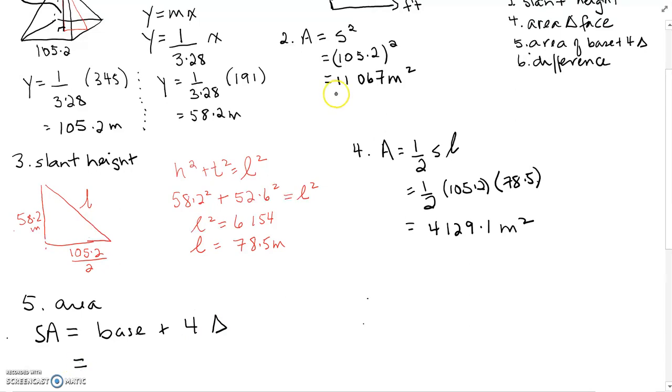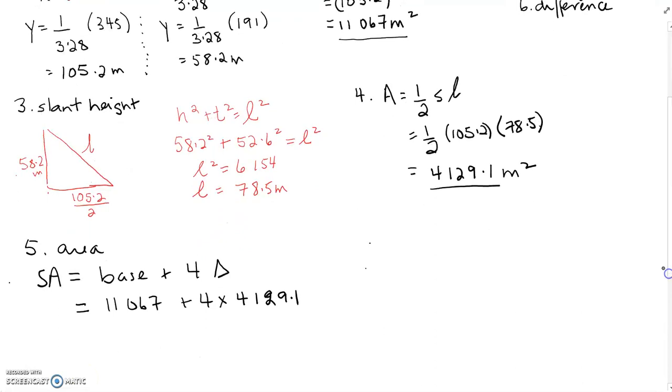So the area of the base is 11,067 meters squared, and we will add on 4 times the area of the triangular face, which is 4,129.1 meters squared, and the total area is equal to 27,583.4 meters squared.